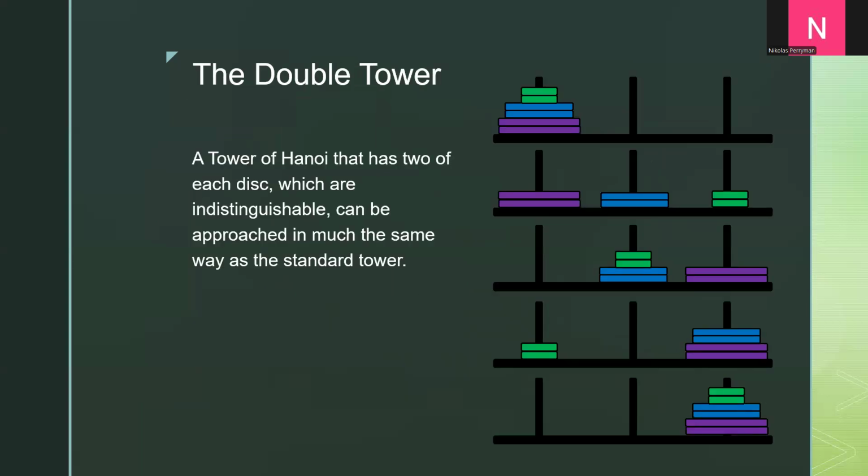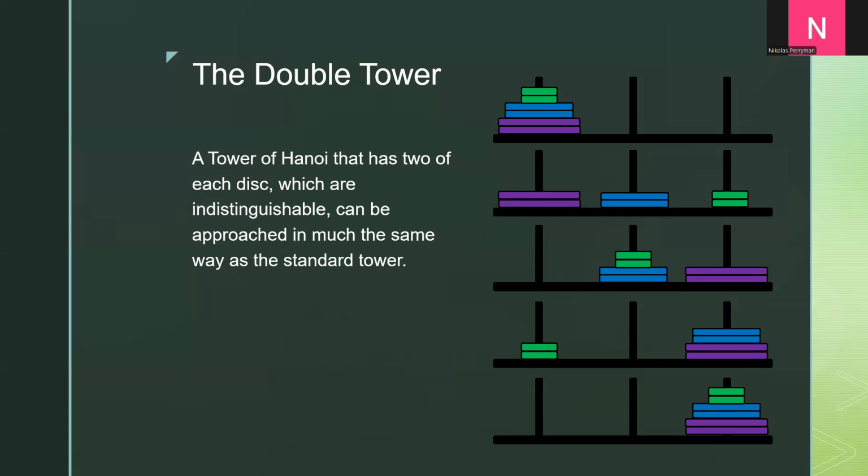Now, the double tower is the same, except there's 2 of each size of disk. Now, the thing with the double tower is that it can be approached in the same way as the standard tower, as long as the disks are indistinguishable, that is.